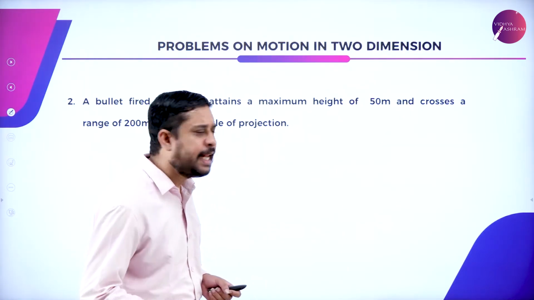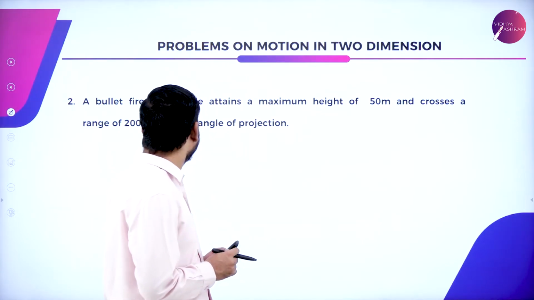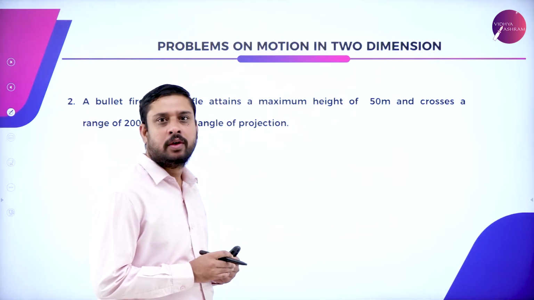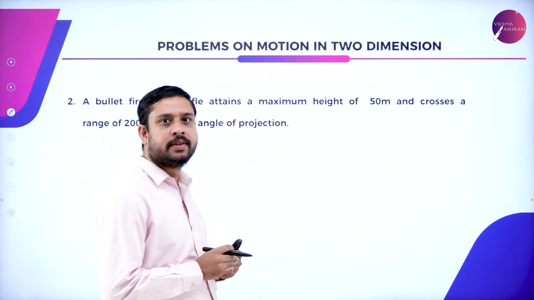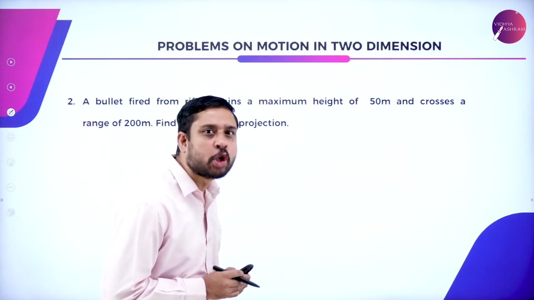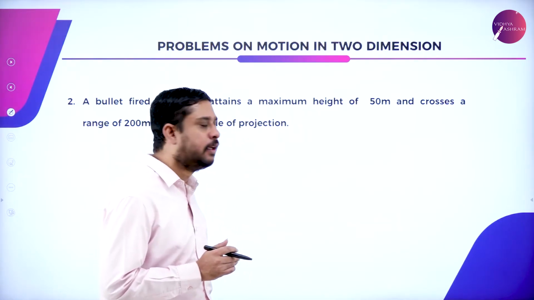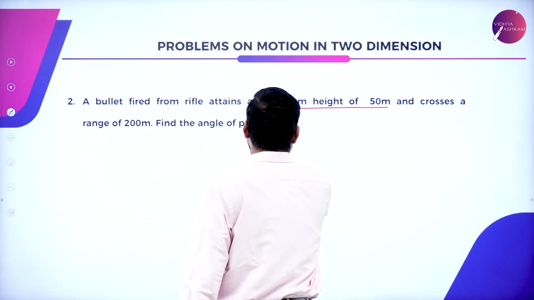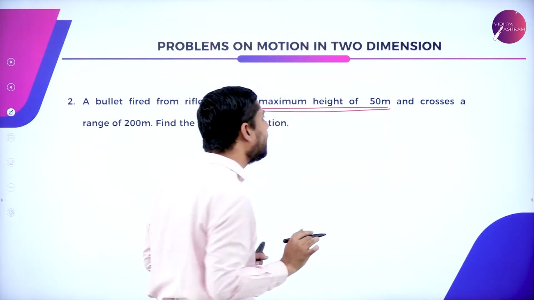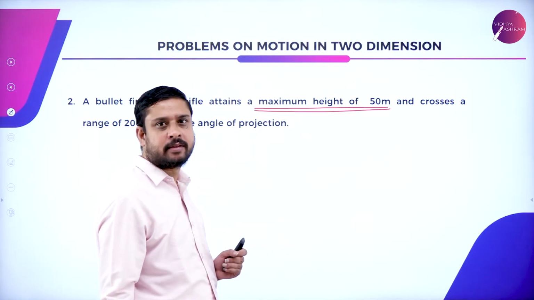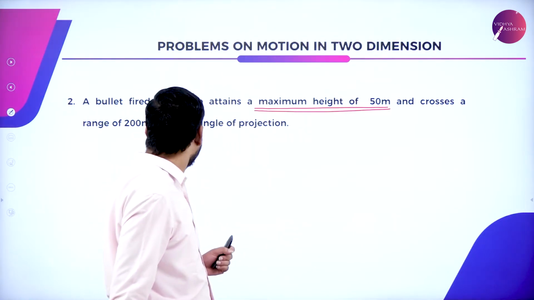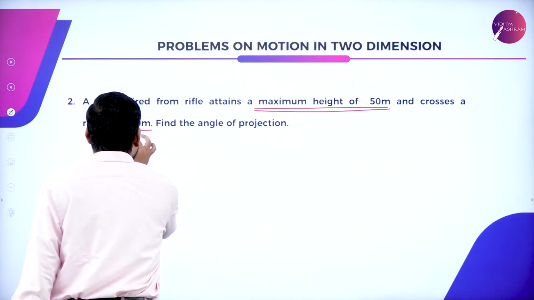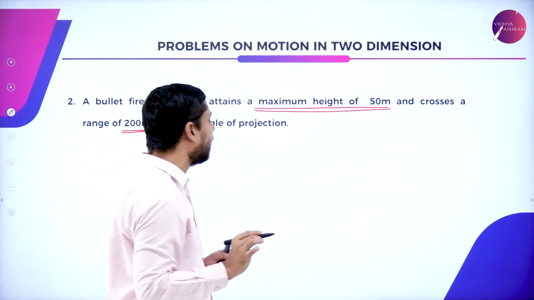Now, the next one. A bullet fired from a rifle. A bullet which is shot from a rifle attains a maximum height of 50 meter and crosses a range of 200 meter.